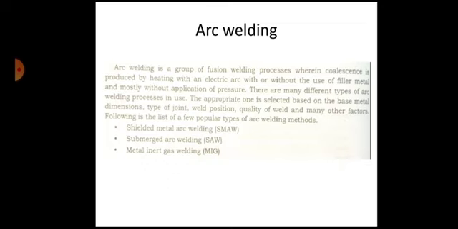Following are some types of arc welding methods: shielded metal arc welding SMAW, submerged arc welding SAW, metal inert gas welding MIG, tungsten inert gas welding TIG, plasma arc welding PAW, etc. In arc welding, an electric arc is produced and due to the heat produced by this arc, the welding process is done. That is the process.